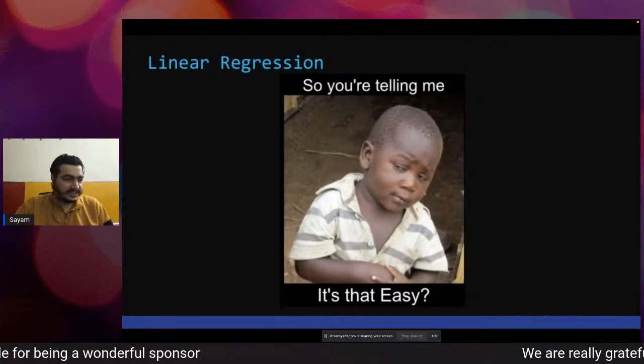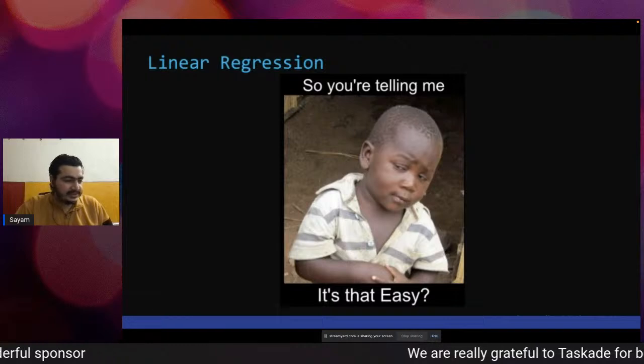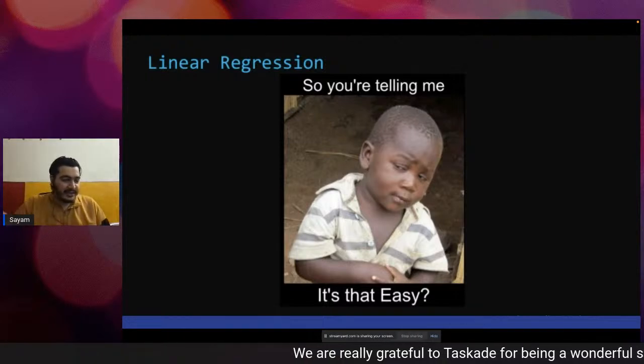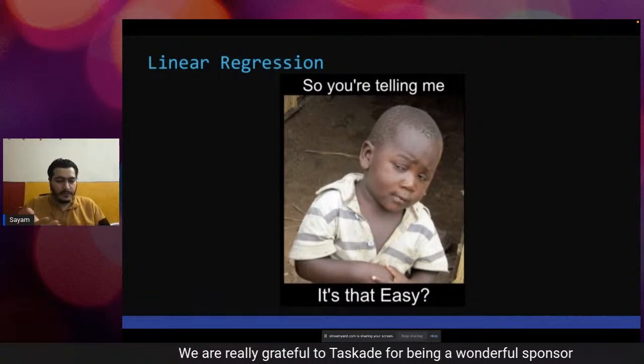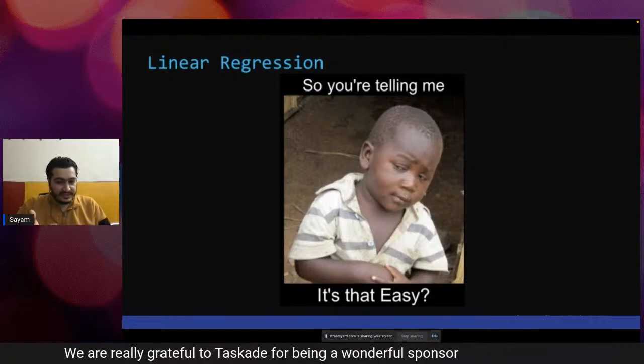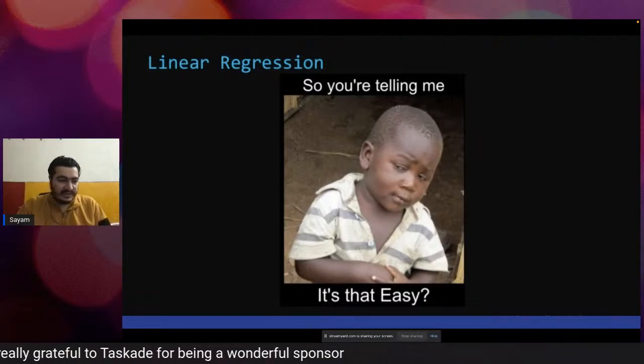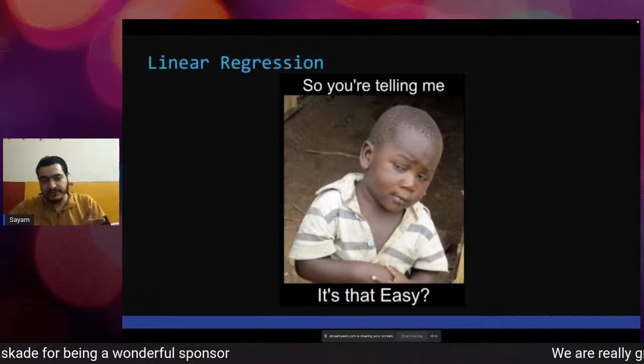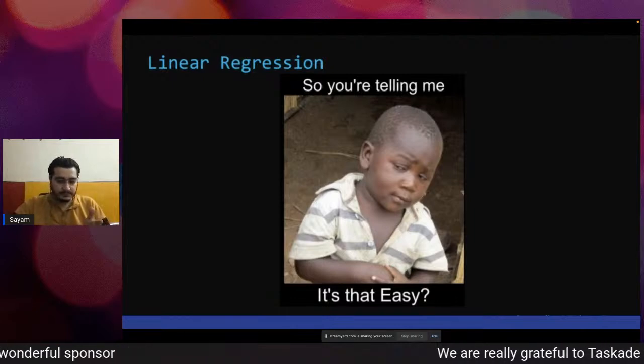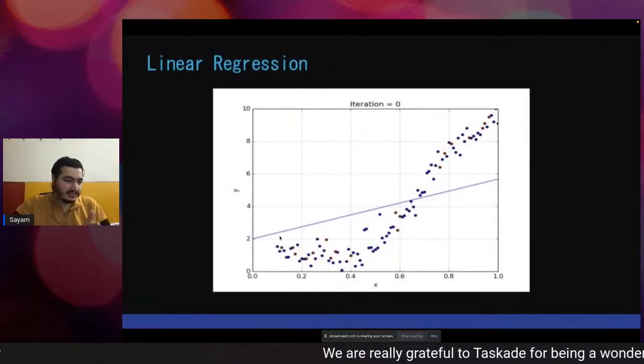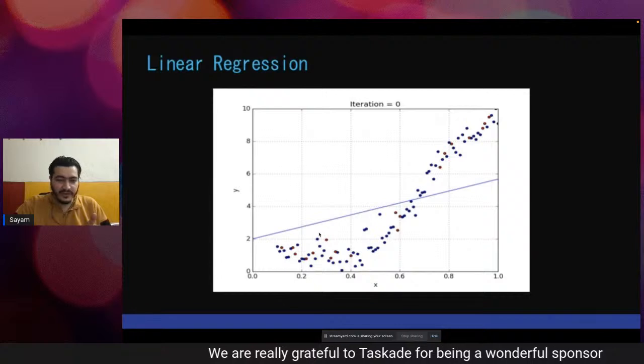So does that mean it is so easy? I just look at the data, decide the degree of polynomial, and then given any input, just run it through the function. Yeah, is the graph here wrong?